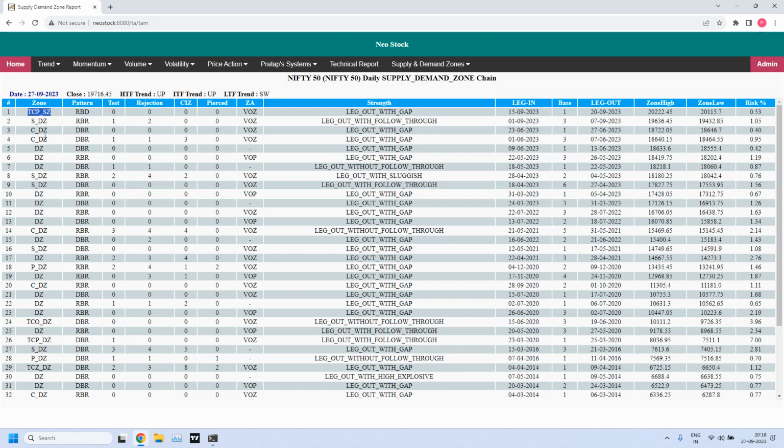But our eyes cannot identify the high liquidity zones. Or at least I can say every high liquidity zone cannot be identified by the human eye. Definitely we need complex software algorithms. That is what this NeoStock's algorithm identified, these high liquidity zones.